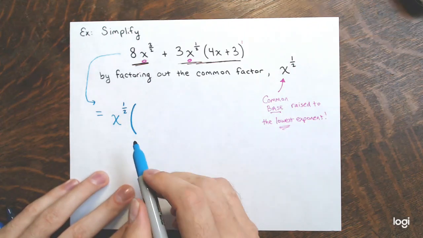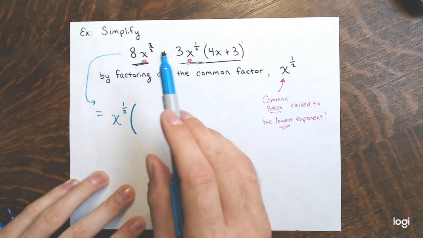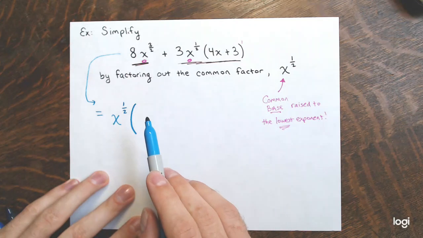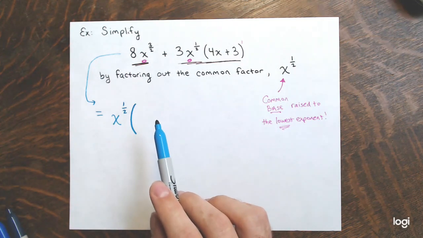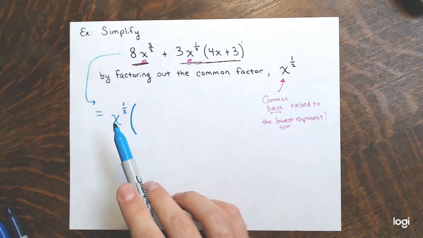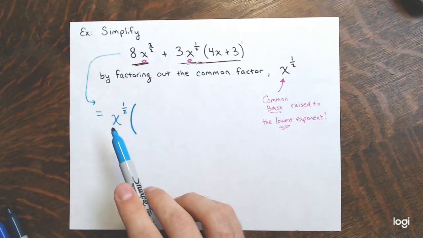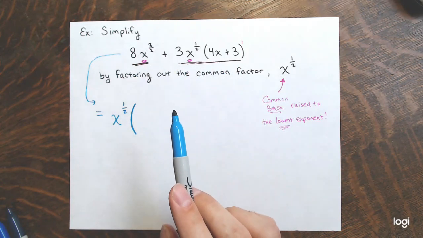And then in parentheses, this expression had two terms, so the thing inside the parentheses is going to have two terms. What would I need to have in here so that if I were to redistribute x to the half, I'd get my original expression back, right?